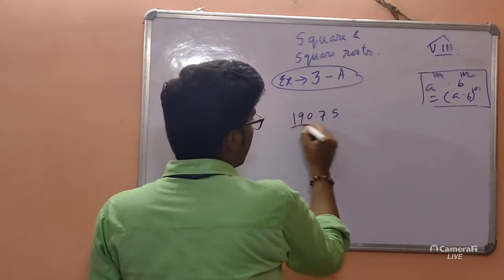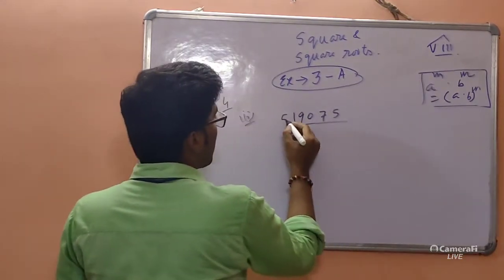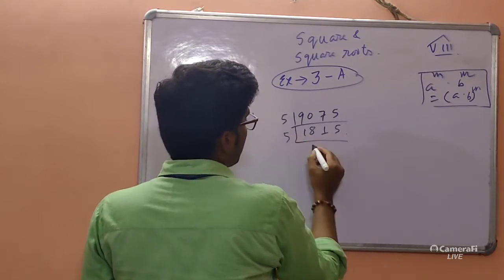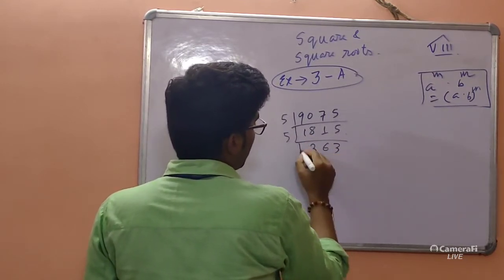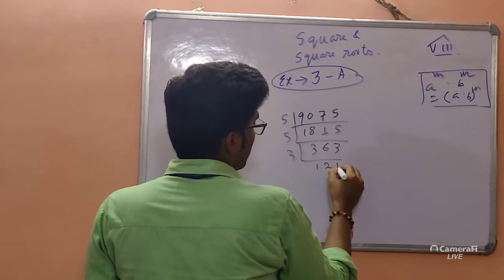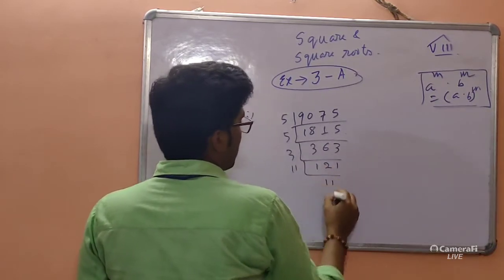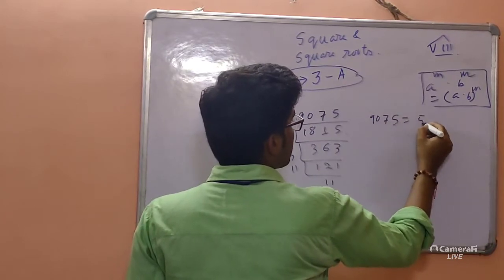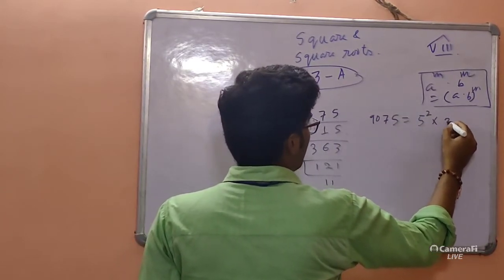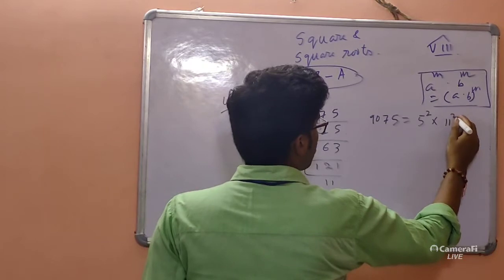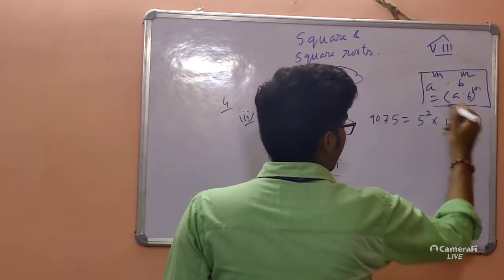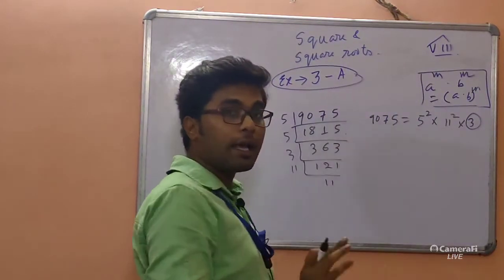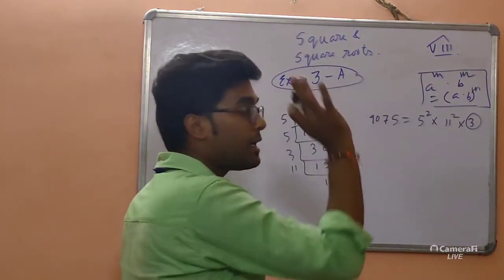So the first step is factorization, like every sum. So 9075 you can write as 5 square into 11 square into 3. So whatever is the number left, we will divide by this number. Clear?